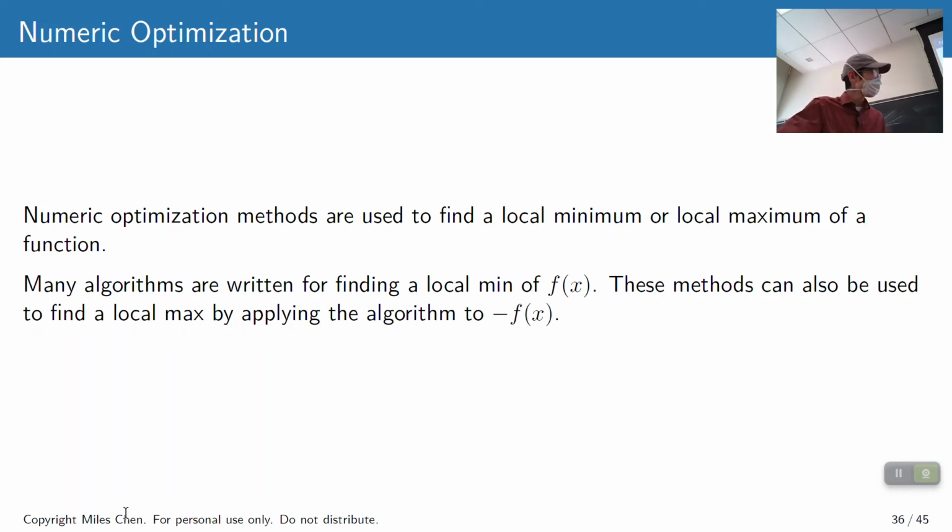Okay, so all of these root finding methods, we can kind of turn into optimization methods. Optimization methods is all about finding a local minimum or a local maximum, okay? A lot of times we want to find the global minimum and the global maximum, but finding a global minimum or global maximum is actually quite hard.